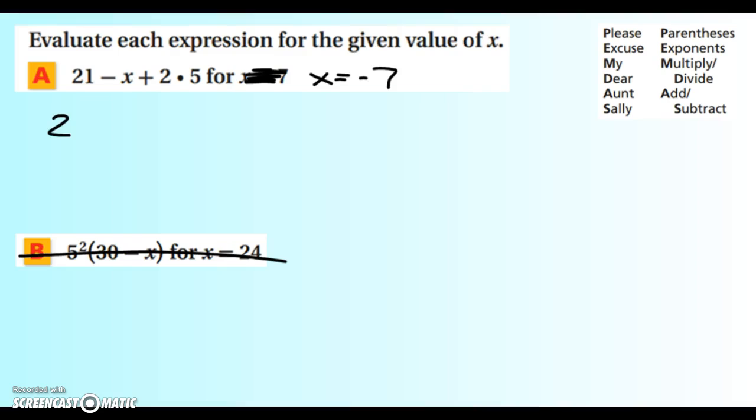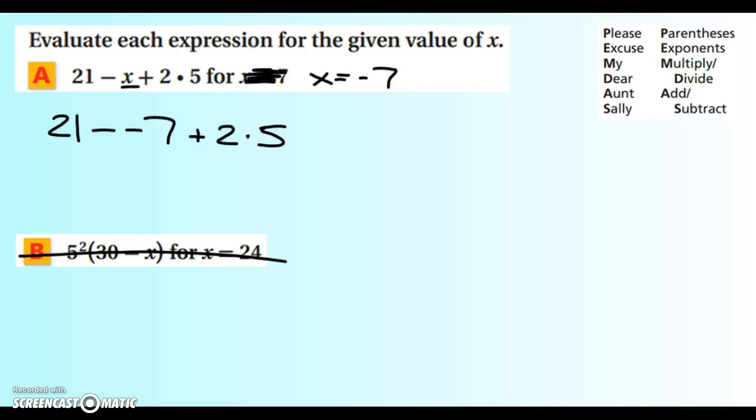So what I like to do is actually rewrite what's given with that number in for x. So 21 minus -7 plus 2 times 5. Alright, now for evaluation, they have to give you what the value of x is, or whatever variable there is. We're not solving for it, they're actually just saying, here's a statement, put this number in and solve.